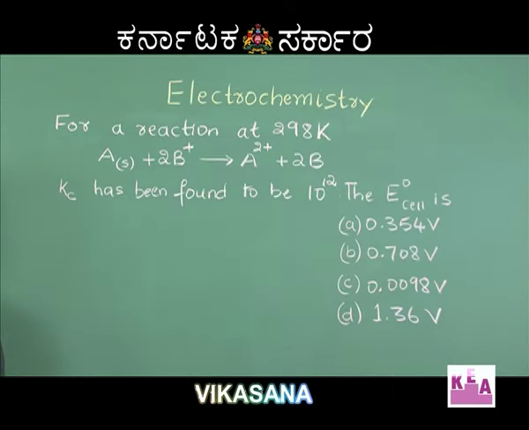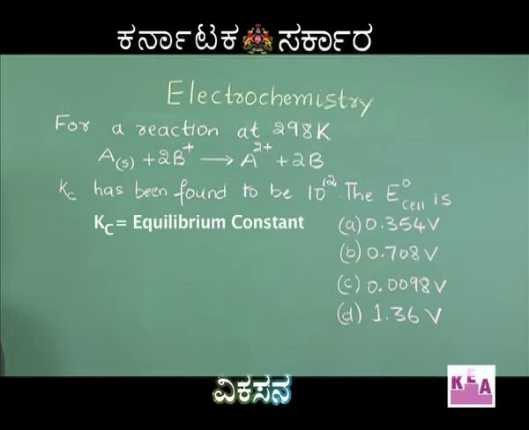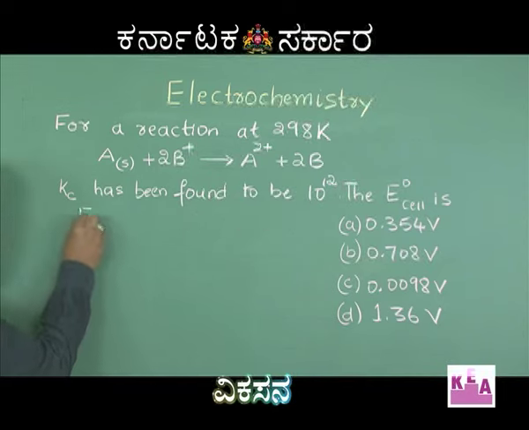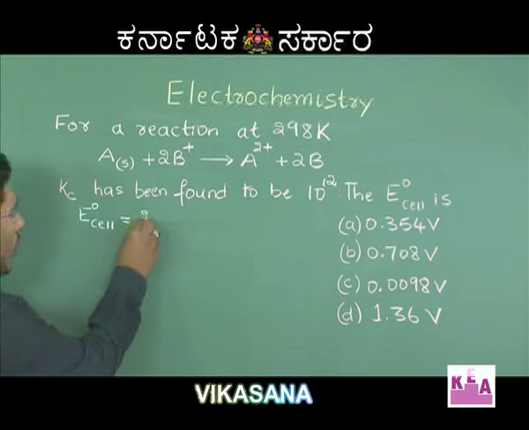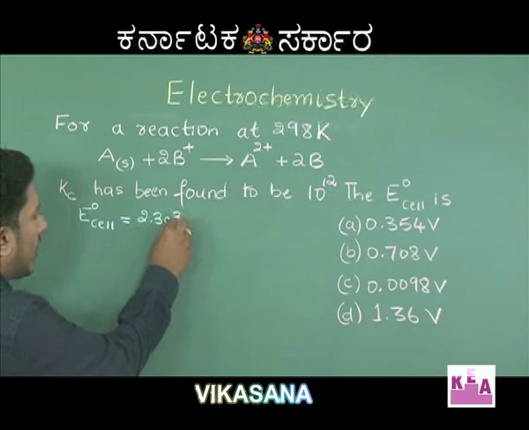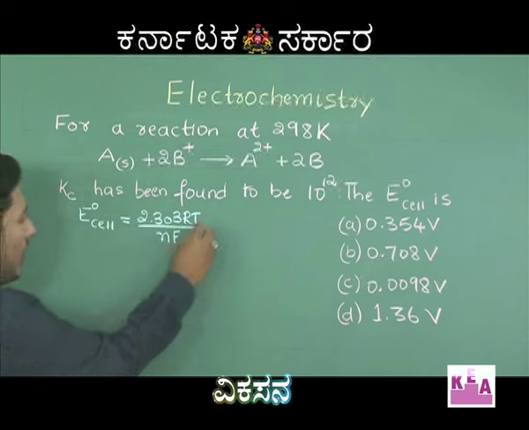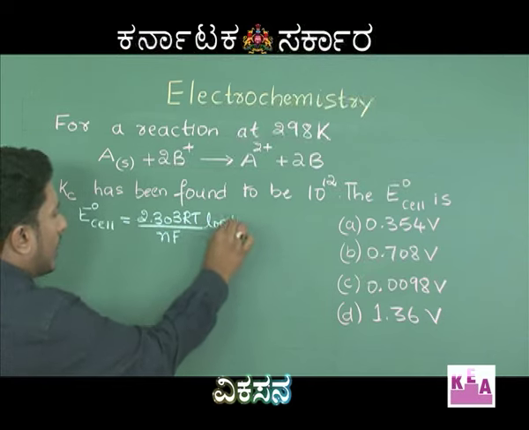The next question is, for a reaction at 298 Kelvin, the reaction is given. Kc has been found to be 10 to the power 12. The E0 of cell is. There is a relation between E0 of cell and Kc, and the relation is standard EMF of a cell is equal to 2.303 RT divided by nF log Kc.